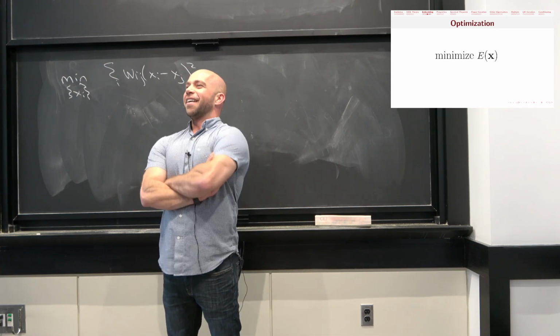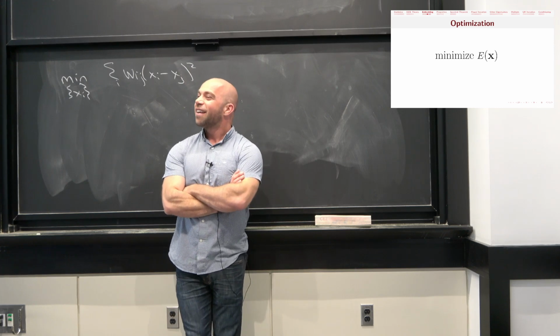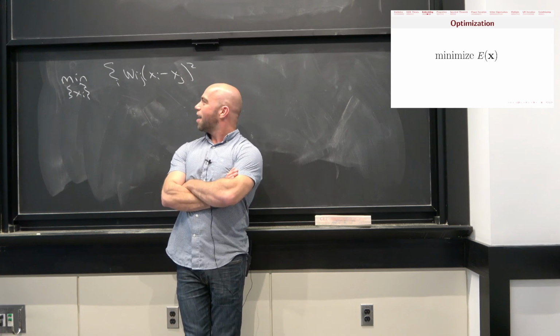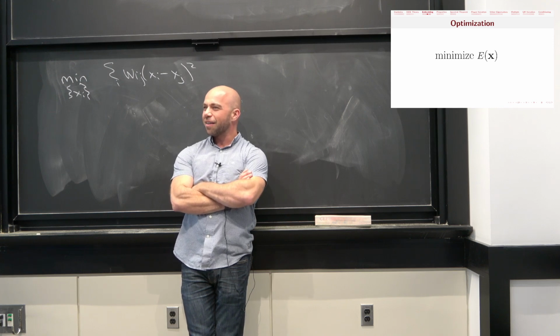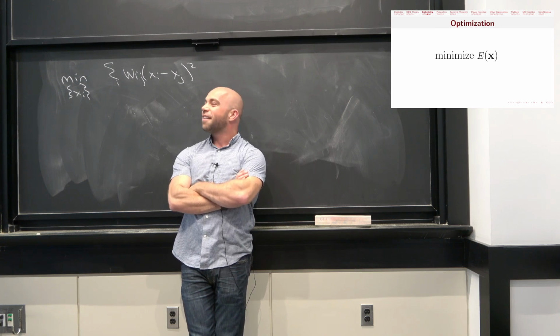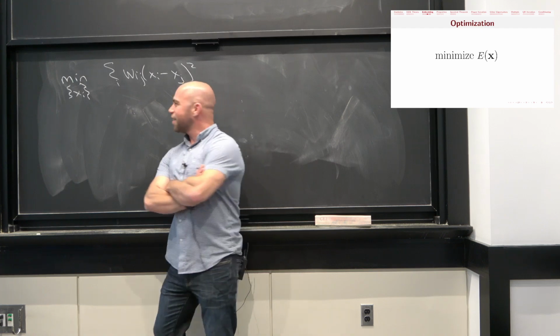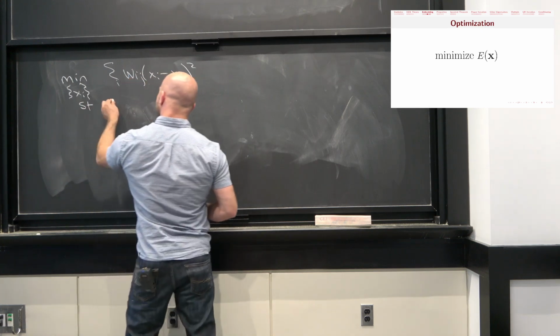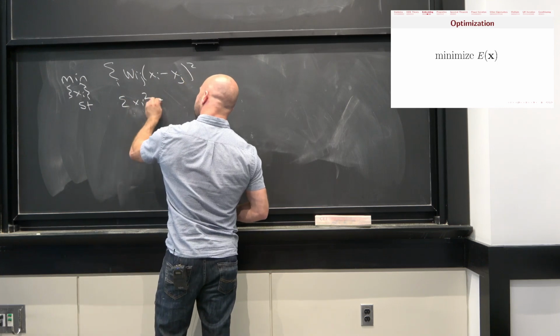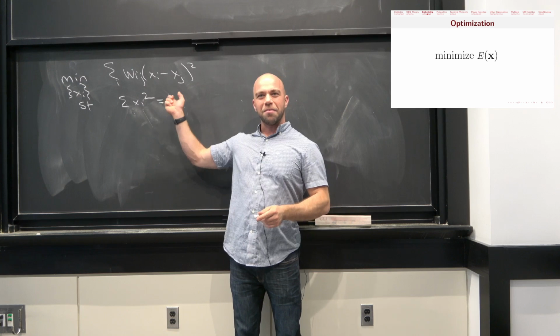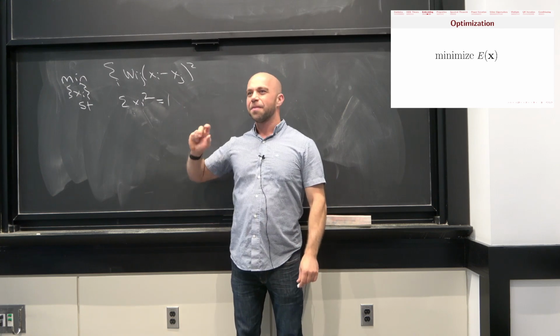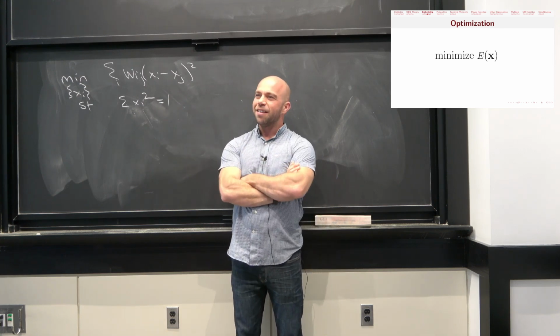How could I avoid all these things collapsing to 0? What could I add as a constraint? Constrain the norm to 1. Yeah, I could do the following. Because now clearly they can't all be 0 if these things square sum to 1, right? Am I done?